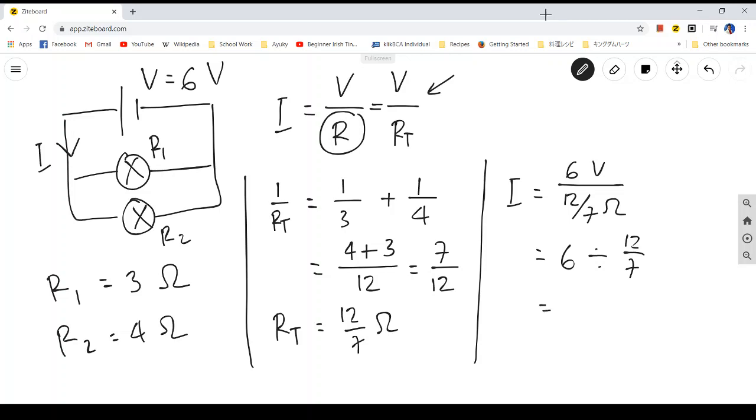Now this is the same as 6 multiplied by 7 over 12, isn't it? So we can just cross out the 6 and 12. So 6 becomes 1 because it's divided by 6, and 12 is 2. So you got 7 over 2 amps of electricity, or if you prefer to express it in the decimal form, it's going to be 3.5 amps of electricity, or should I say electric current.